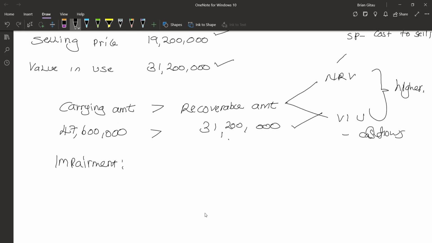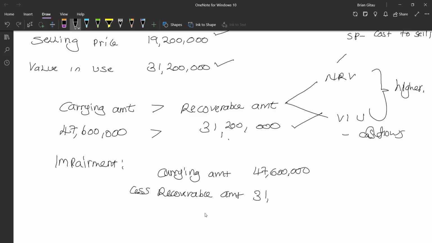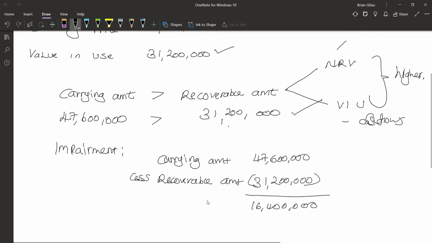In this case, we will take the carrying amount of 47,600,000 less the recoverable amount of 31,200,000, and if I subtract 31,200,000 from 47,600,000, it gives me 16.4 million. Now that is my impairment.